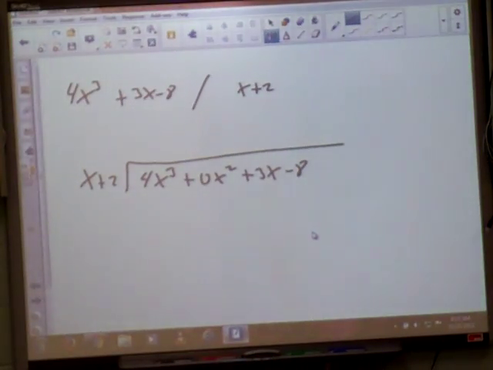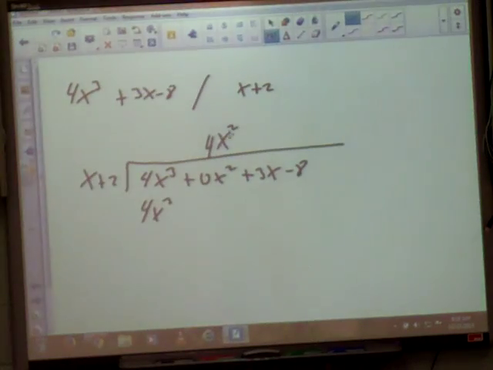Okay? Alright. So x times what gets you 4x cubed? 4x squared is correct. Now we take that 4x squared and we distribute it to the x and the 2. 4x squared times x is 4x cubed. Going back up a step, you did the x times what got me 4x cubed.